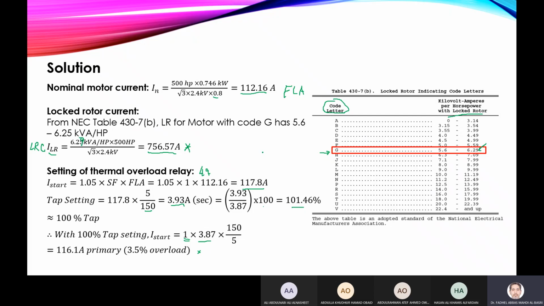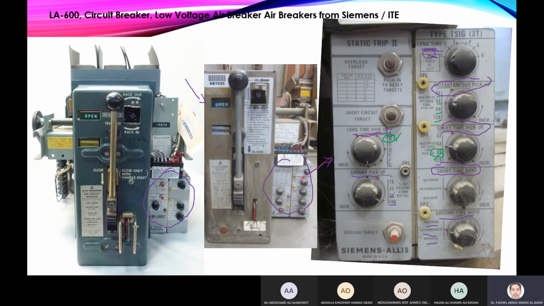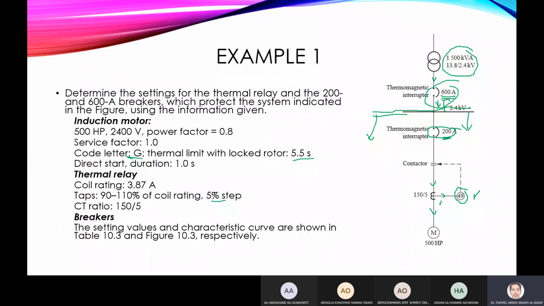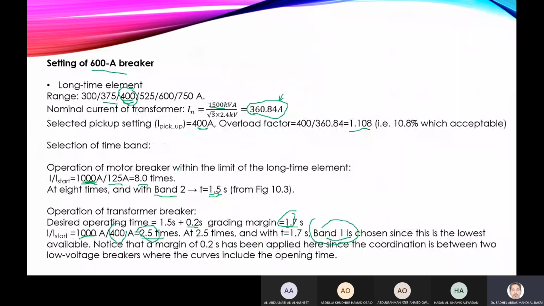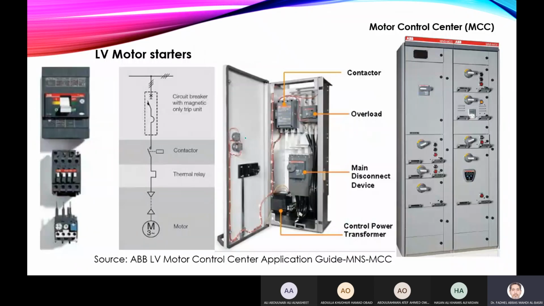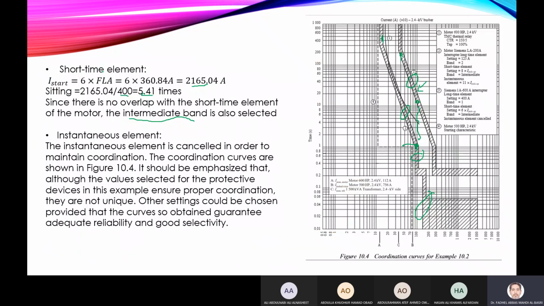Even if you use the starting current, this pickup setting is 400 and that is 125 ampere. The starting current with respect to 125 may be 8 times, but with respect to 400 it will be less. That's why this will take longer time as compared to that.